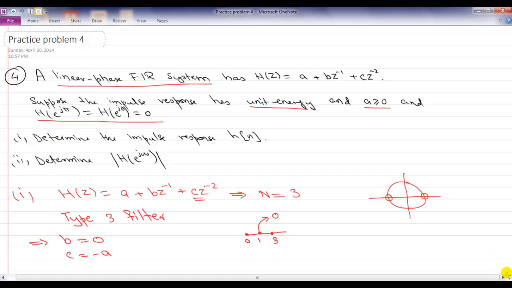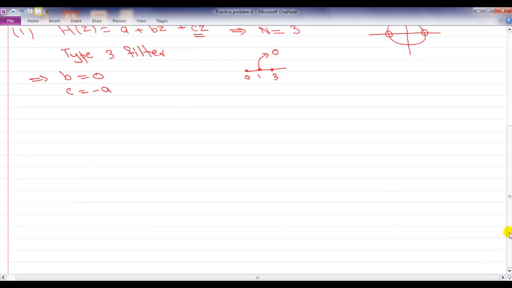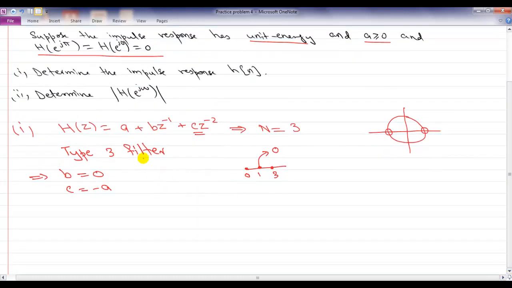Okay. So, because remember, I can just read off the filter coefficients by looking at these coefficients of my Z transform. Okay, this is my h[0]. This is my h[1]. This is my h[2].